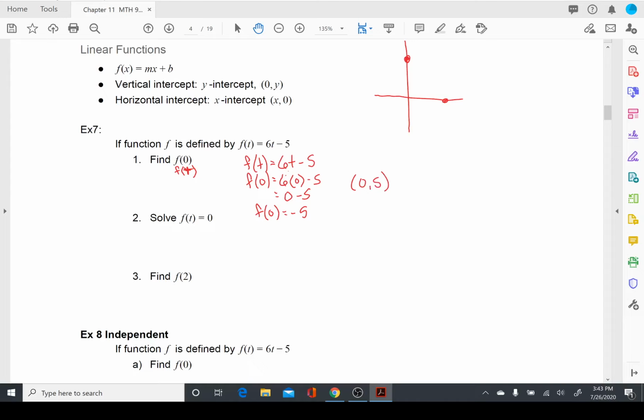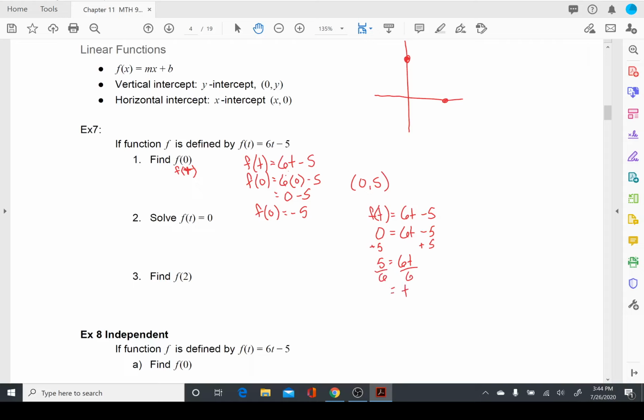The next one says solve f of t equals 0. Okay, so I'll write down f of t equals 6t minus 5, and then it says f of t equals 0, so replace f of t with 0. We'll add 5 to both sides, and we'll divide by 6.